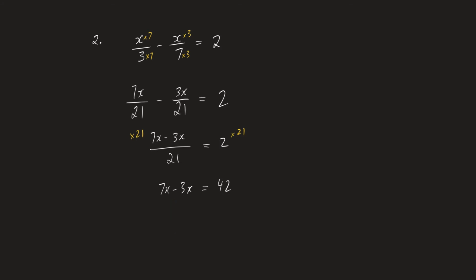Simplify the left-hand side: 7x minus 3x equals 4x. And finally, 4x is the same as 4 multiplied by x, so I'm going to divide by 4 on both sides. Therefore, x is going to equal 42 over 4, or it's going to be 10.5.